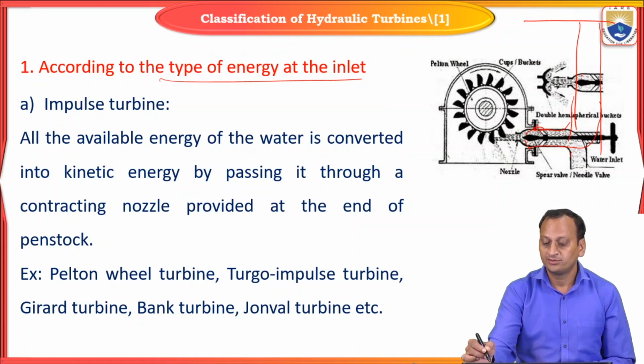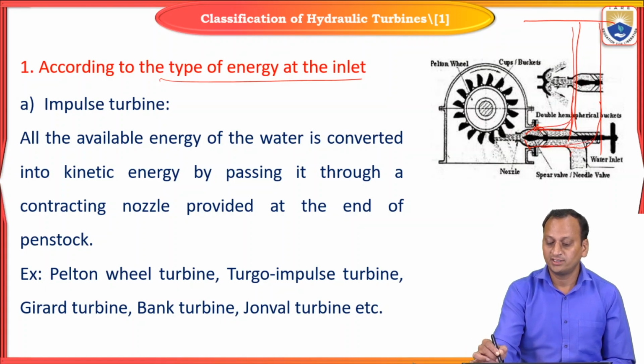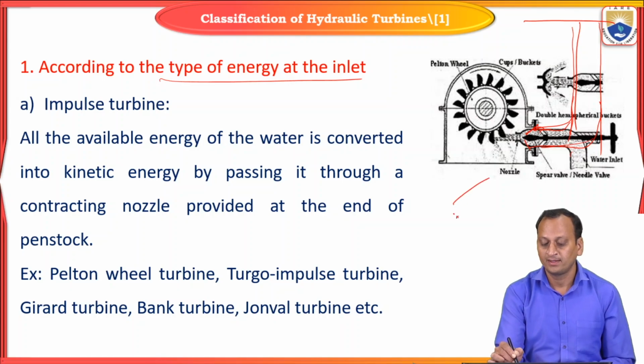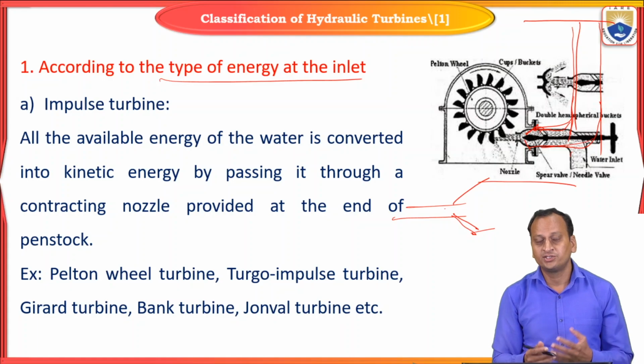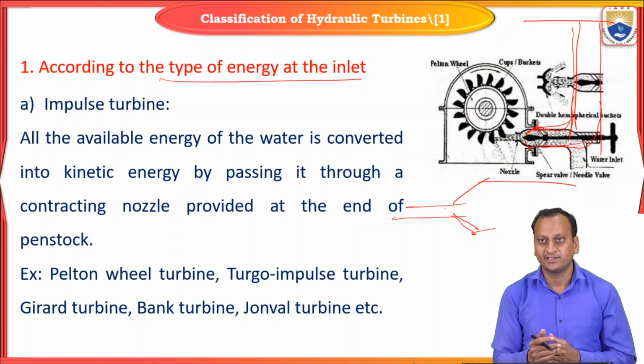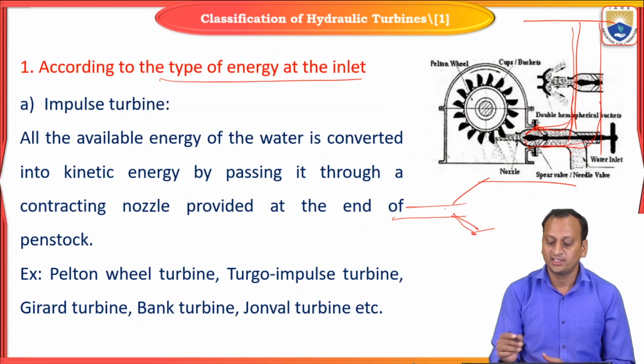This diameter is constant throughout, but at the exit before hitting the turbine, I am keeping one converging nozzle. Due to this converging nozzle, the available energy of water, the pressure energy, kinetic energy, also potential energy, all these energies will be converted into only kinetic energy.